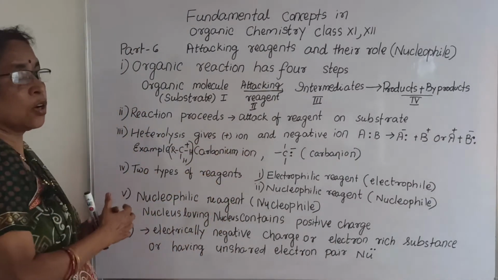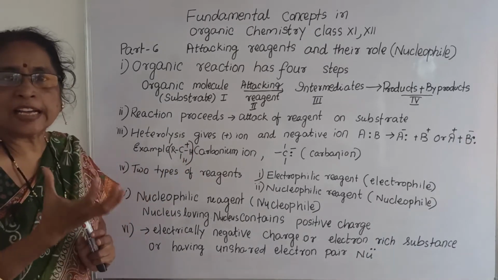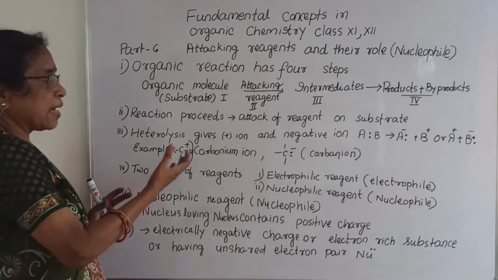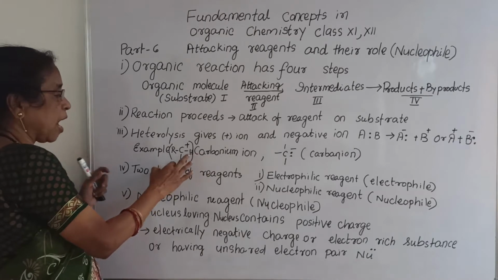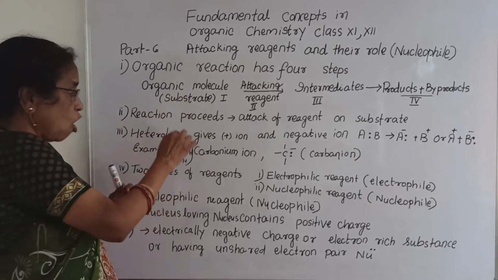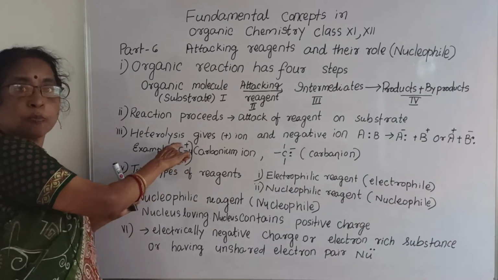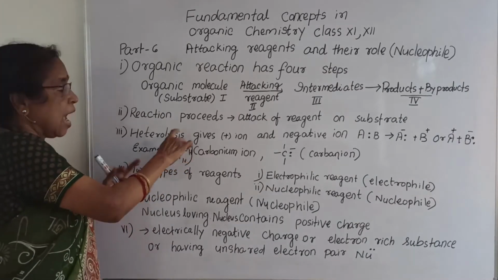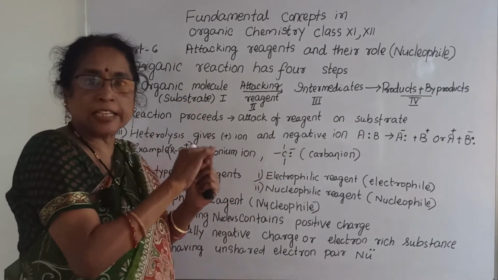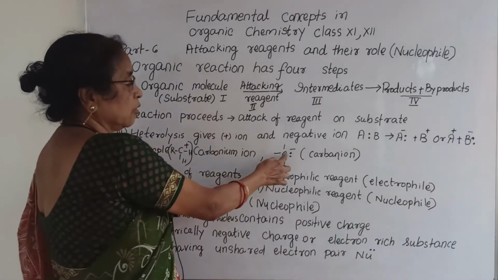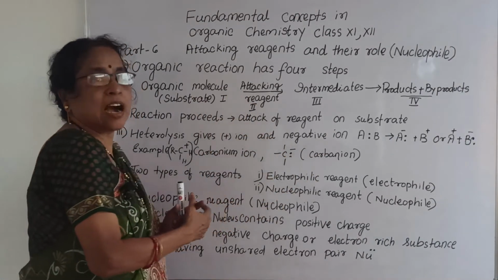Now this is heterolysis. The main important examples are carbonium ion and carbanion. Carbonium ion has a positive charge on carbon. See R3C plus: C occupies the positive charge, and that is the carbonium ion. Similarly, if C occupies a negative charge with a lone pair of electrons, then it is a carbanion.